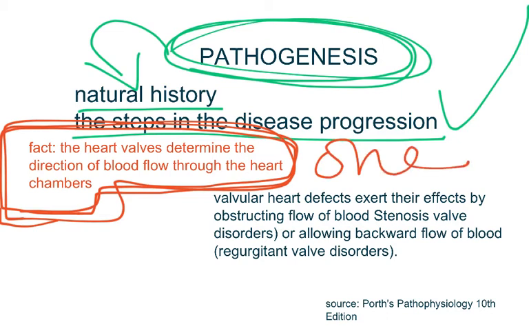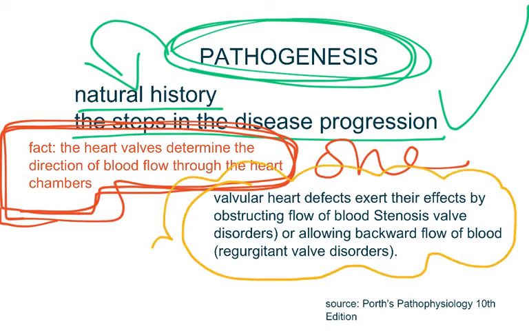Now, how do valvular heart defects occur? They exert their effects by obstructing blood flow through stenotic valve disorders, or allowing backflow of blood through regurgitant valve disorders. But in this case, we're going to focus on the stenosis.